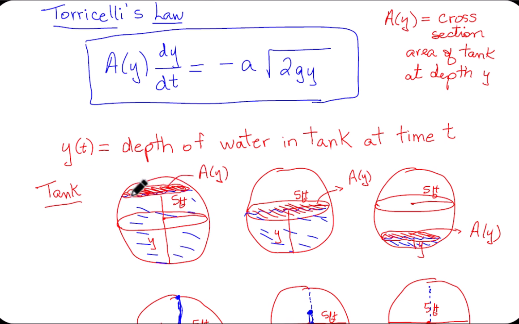At a particular depth, there is a cross-sectional area. Initially it starts to get bigger. When I get down to the halfway mark, so y is halfway, then I have a full circle, and as we begin to get lower, again, here's y. There's my cross-sectional area.